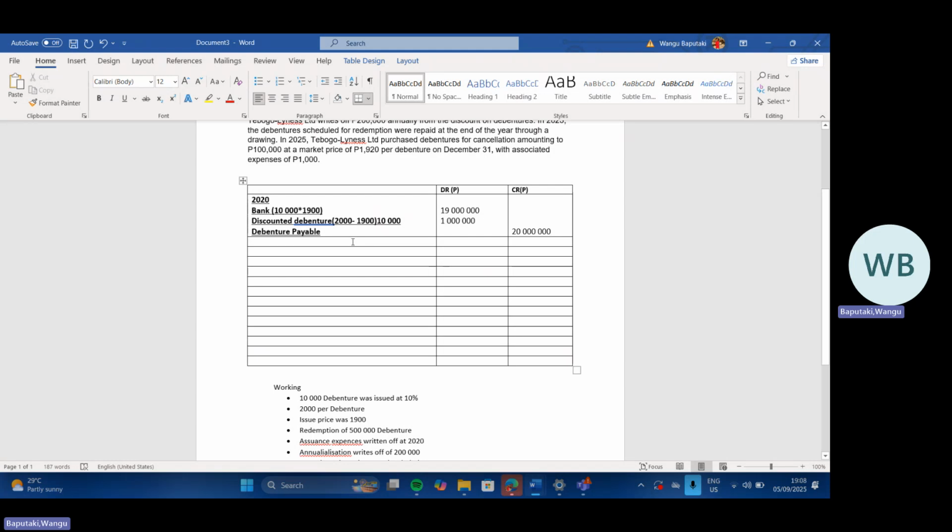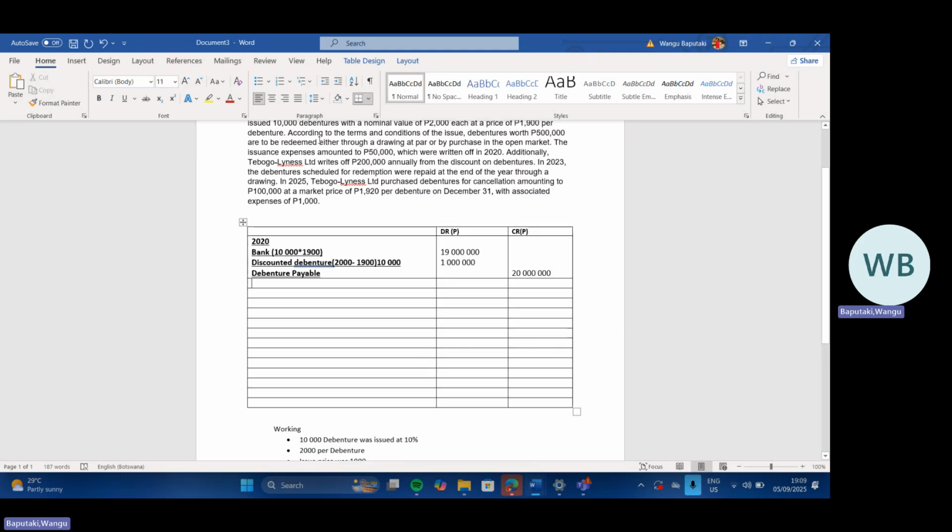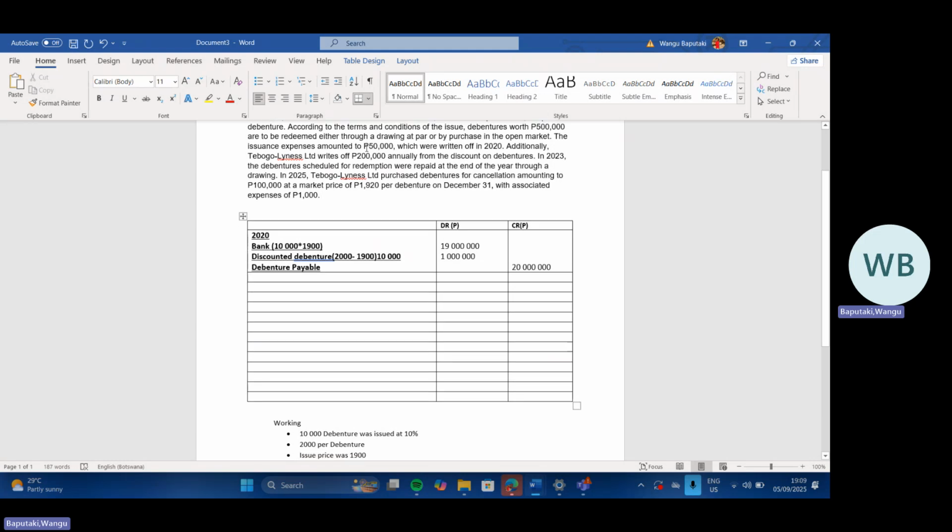So moving into the other journal entry, still in year 2020, I'm going to deal with the profit and loss. The profit and loss was 50,000, as it was mentioned in the question that the issuance expenses amounted to 50,000.